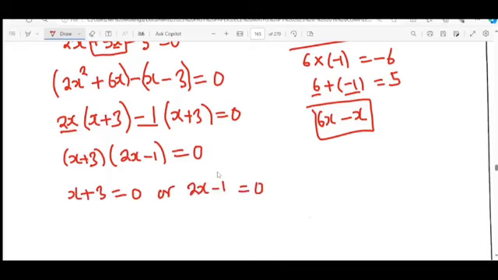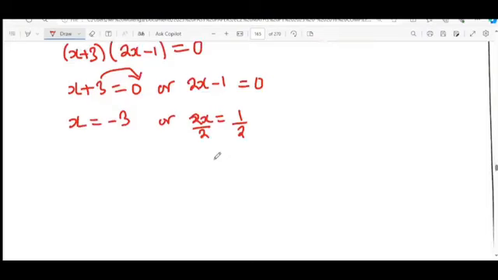Remember I said you are going to have 2 possible values of x. So we have x is equal to negative 3, because it will be 0 minus 3, or we say 2x is equal to 1. So we need to divide by 2, even this side by 2, so that we just remain with the value of x.